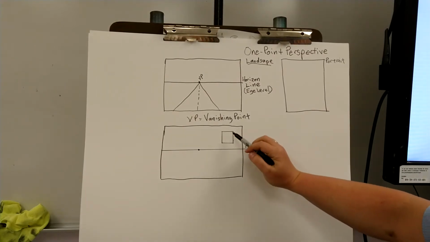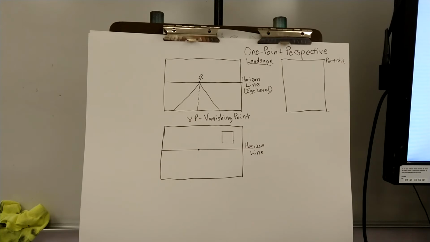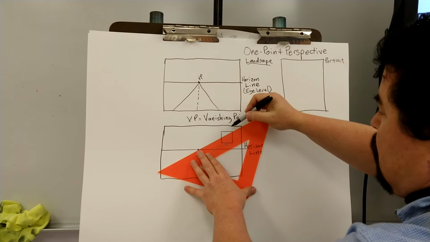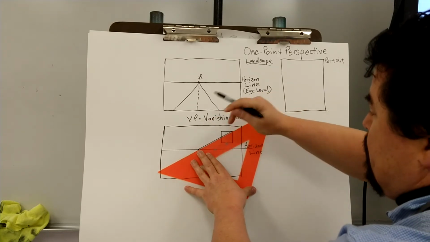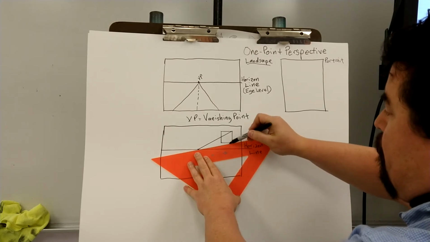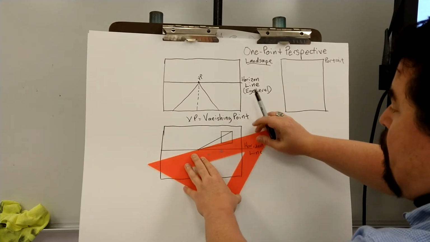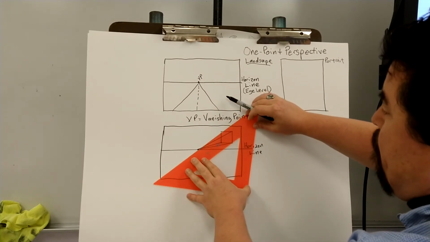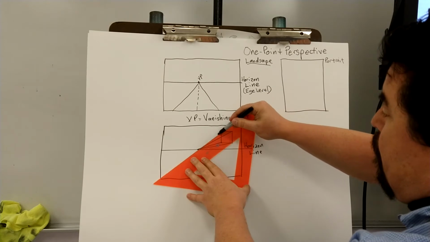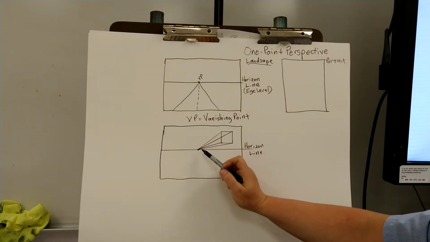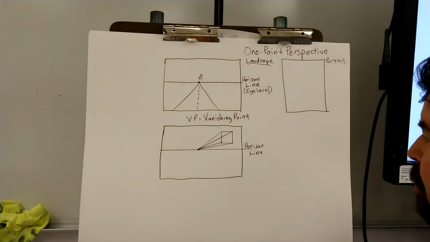Now you're going to draw lines from each corner going to the vanishing point. So we have 4 corners, so we should have 4 lines. Now we have the lines converging to the vanishing point, but it looks like it just keeps going forever.